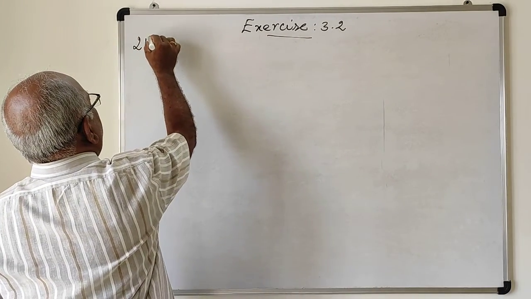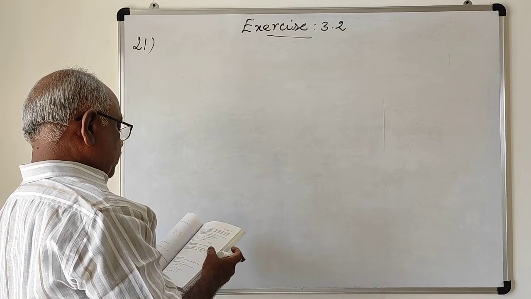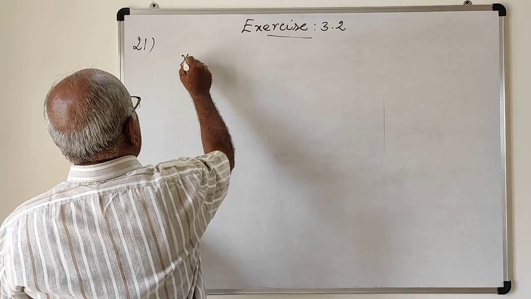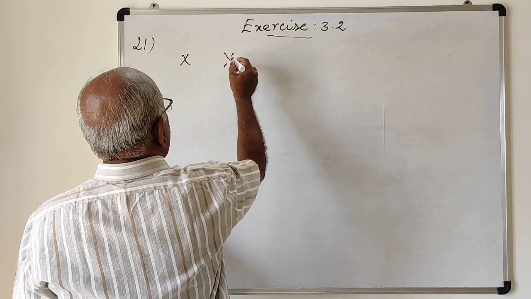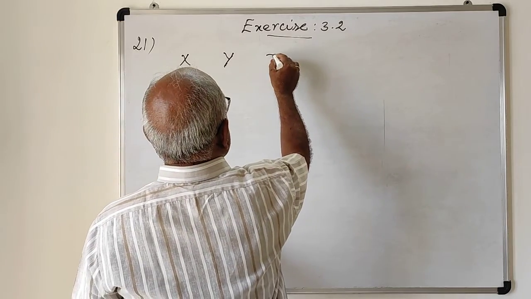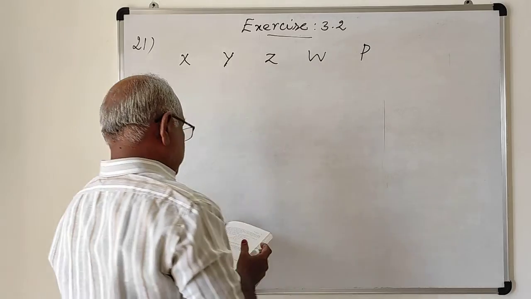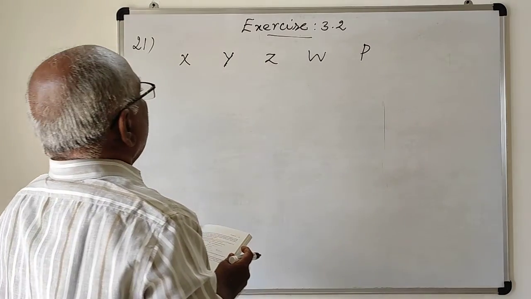Problem number 21. Assume the order of the matrices X, Y, Z, W and P. These are the five matrices.